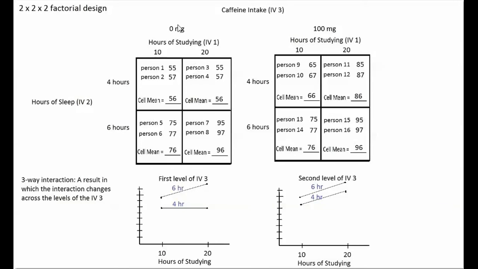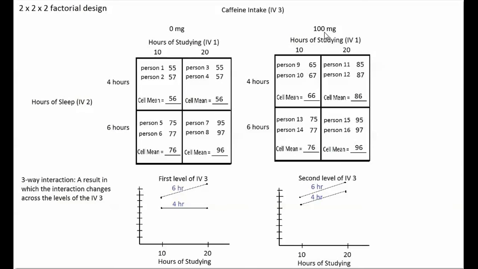The main difference between these two graphs is this fourth dot right here. In the 0 milligram condition, this combination of 4 hours of sleep and 20 hours of studying doesn't lead to good performance because they're sleep deprived and there's no caffeine to wake them up, so they do poorly right here.